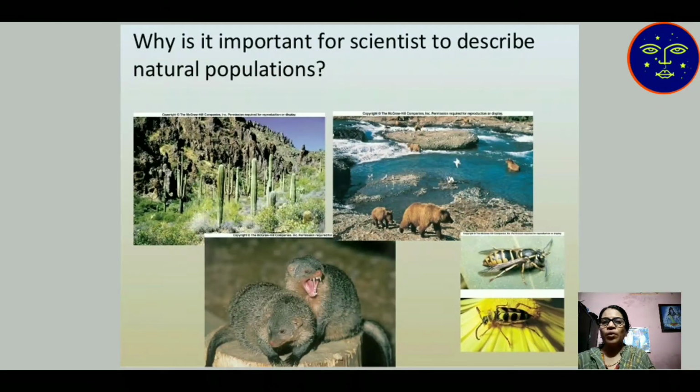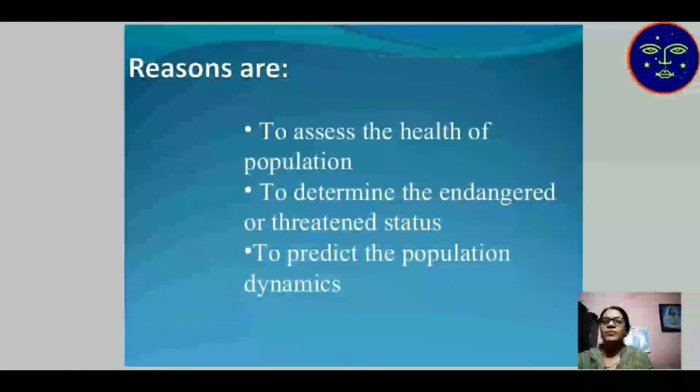Why is it important for scientists to describe natural populations? Because due to some environmental problems nowadays, the increase in a particular population of a species takes place, so it is important for the scientist to measure the population size.